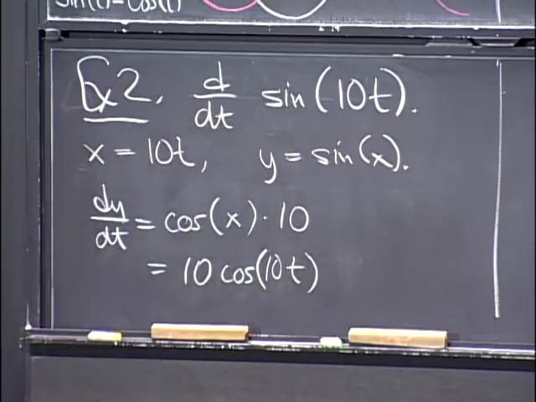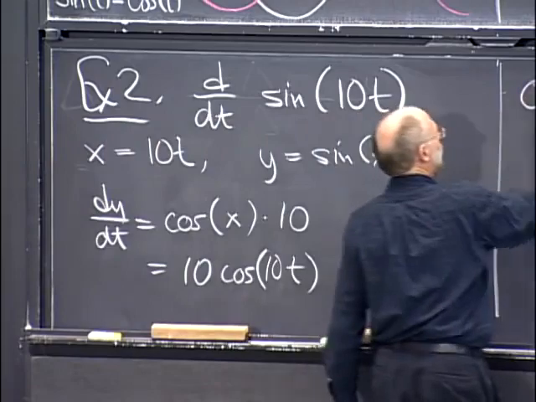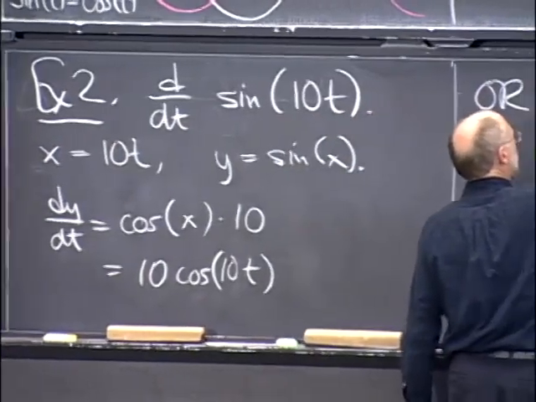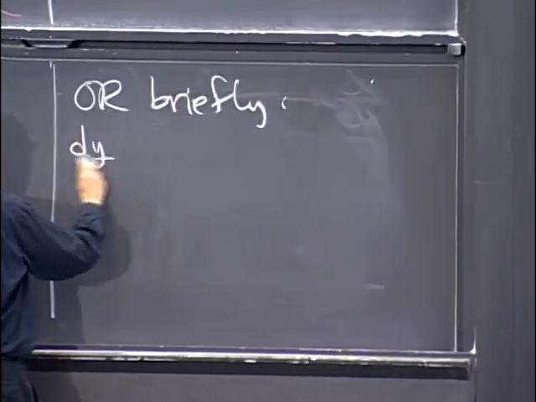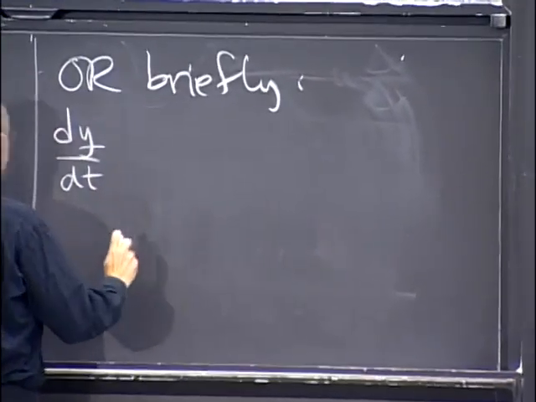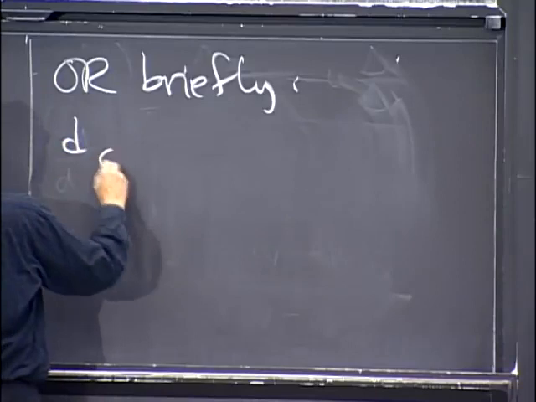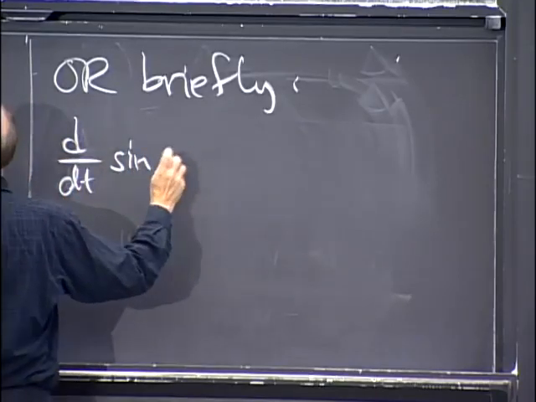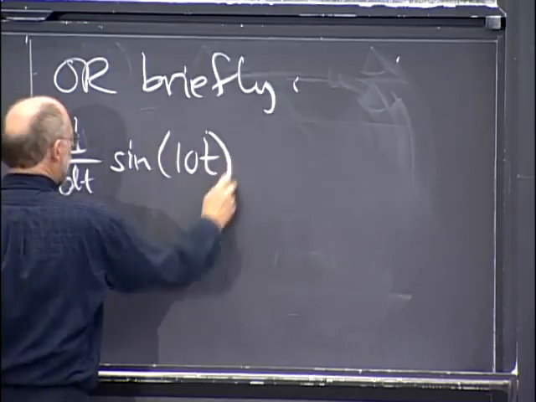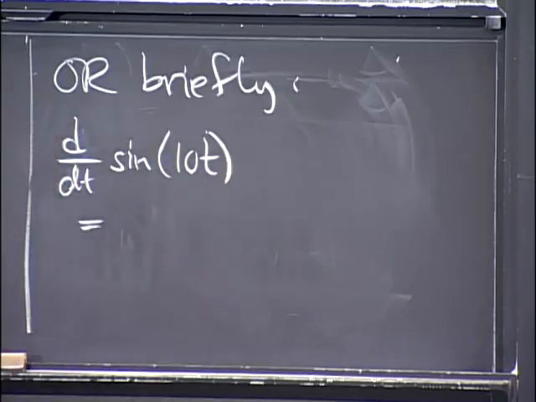Now, once you get used to this middle variable, you don't have to give a name for it. You can just think about it in your mind without actually writing it down. The derivative of sine of 10t, I'll just do it again without introducing this middle variable explicitly.